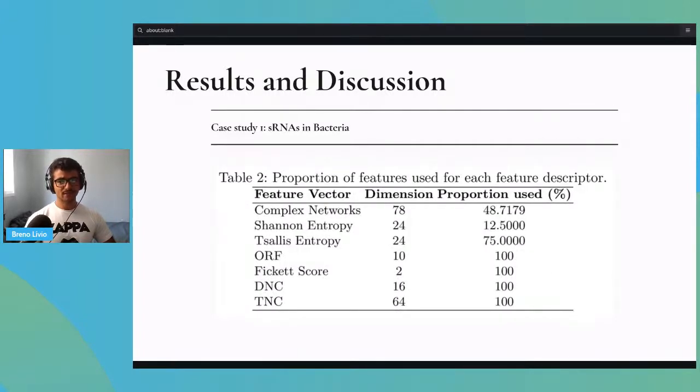And when we selected the features with the most information gain, we have the following proportion used for descriptors. We can observe conventional descriptors had other variables used, but mathematical descriptors such as the solids and complex networks, even if they didn't have other features used, had a reasonable number of features to contribute to our classification.